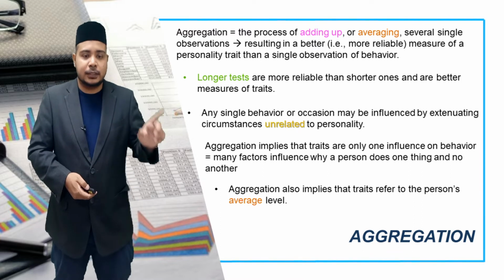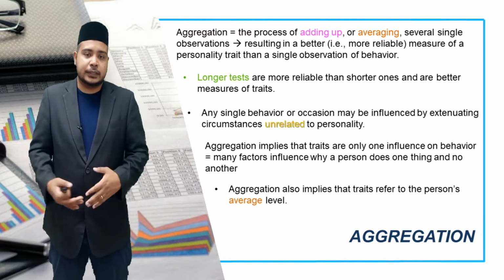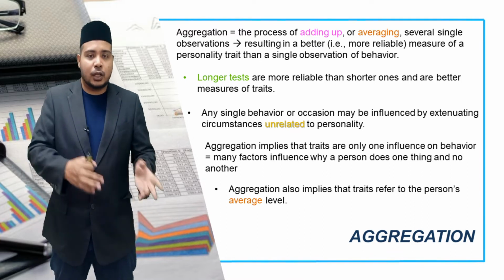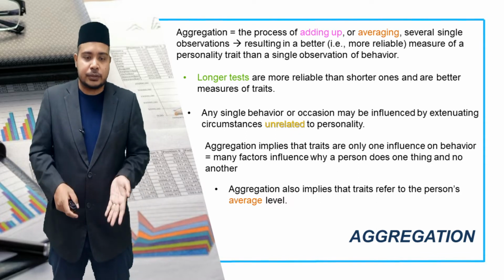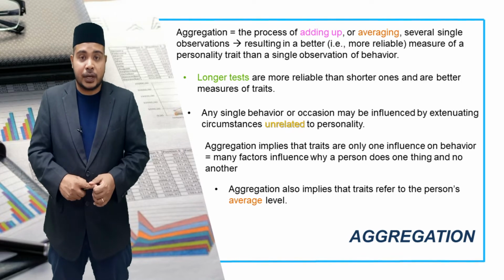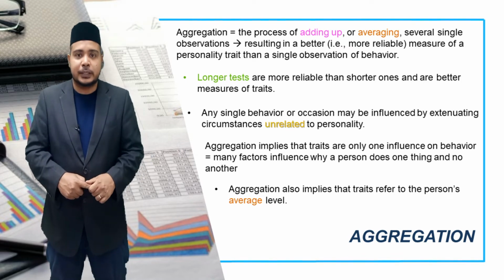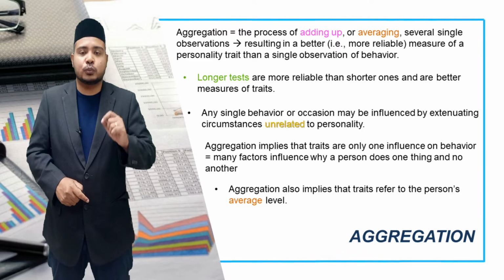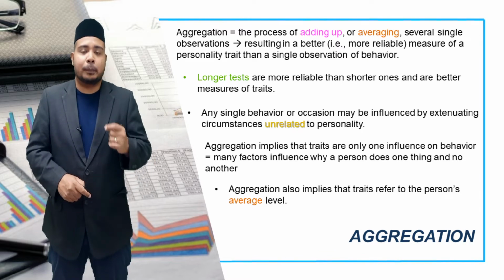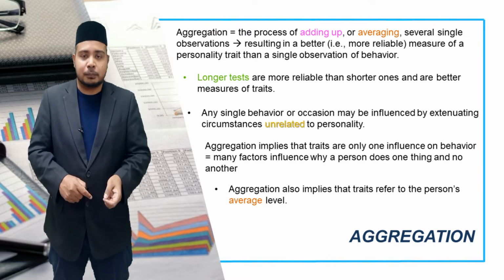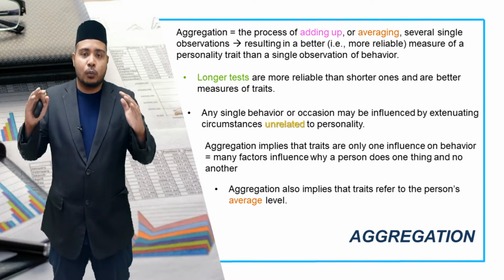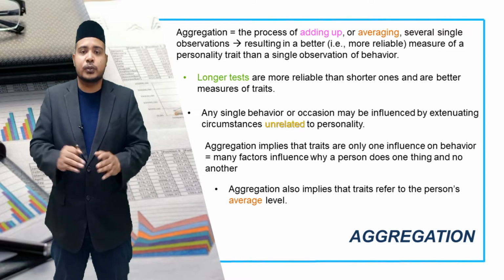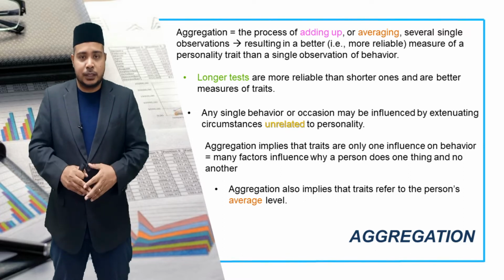Many factors influence why a person does one thing and not another. So aggregation also implies that traits refer to the person's average levels. It's not a unique thing that only happens once in a lifetime, or once in a year, or once in a month. We look at the average. Most of the time, what is his tendency? Most of the time, what is his behavior?